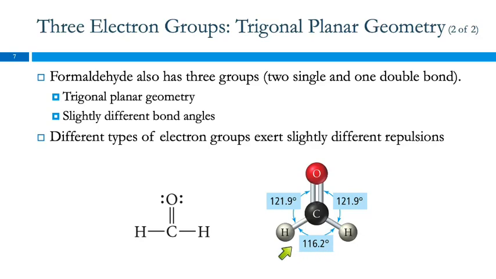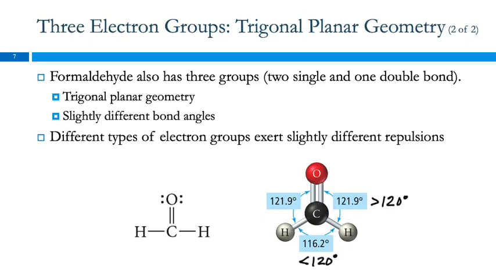So this bond angle in formaldehyde is 116.2, which is a little less than 120. And these bonds are greater than 120.